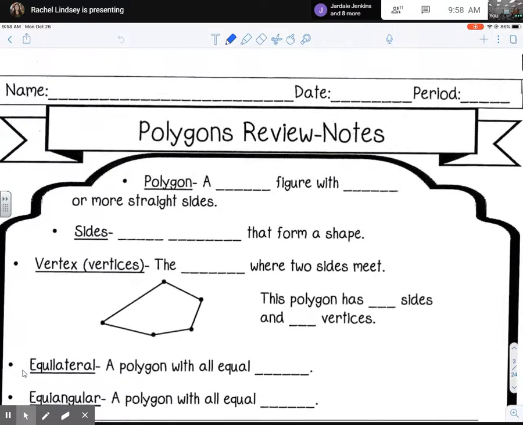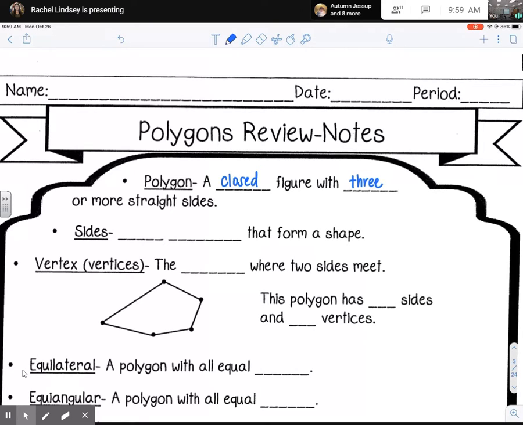A polygon is a closed figure with 3 or more sides. Okay, so it has to be straight sides and it has to be closed.